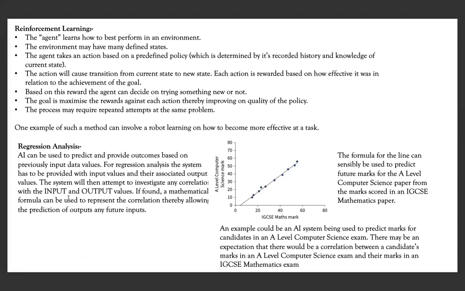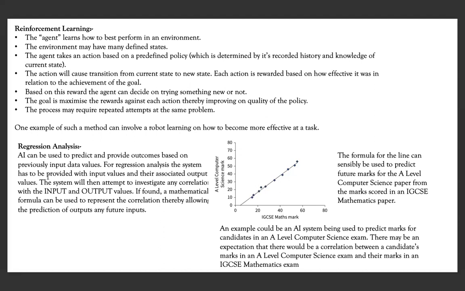Just to quickly recap, if I have a set of data, we can say there are two values that are related to each other. Say, for example, I know the results of students who have appeared in IGCSE maths and A levels computer science. I know their marks.